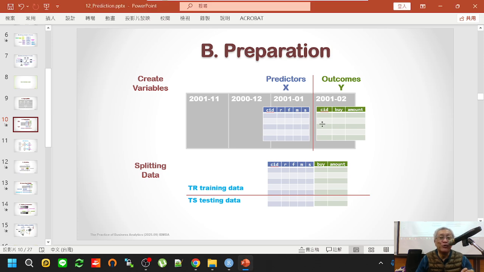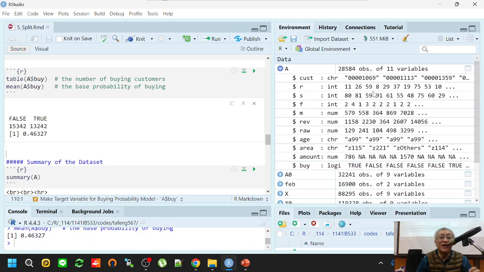Okay, so basically we have built X and Y and put X, Y in the same data frame called A, okay? And in A we have 2A5A4 customers inside. For each of these customers, we know his behavior in the first 3 months, and we also know whether he buys and how much he buys in the last month, the 4th month.